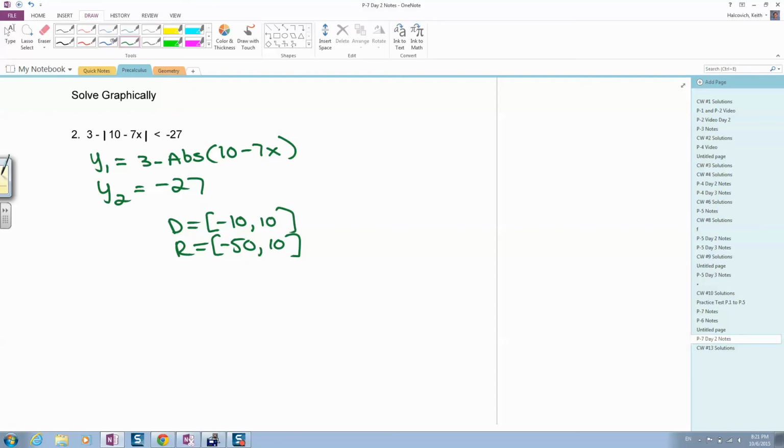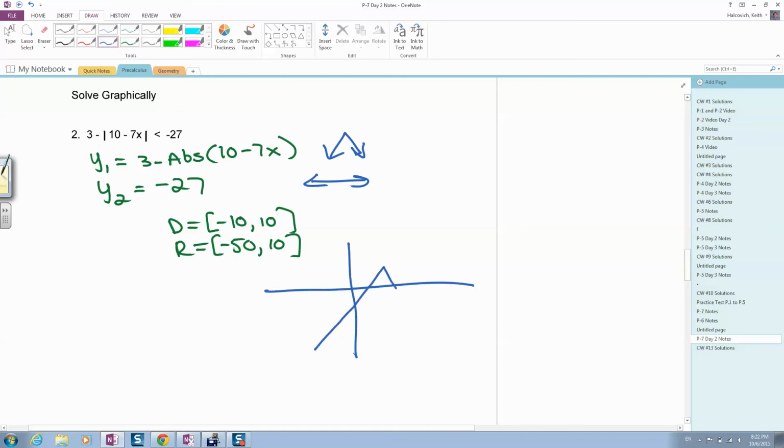So remember, before we just said we know this is a V, and actually, because it's negative absolute value, we know it's going to go down, and then we know this is a line. When we look at the sketch here, we see it like that. Now we got to find the intersection.